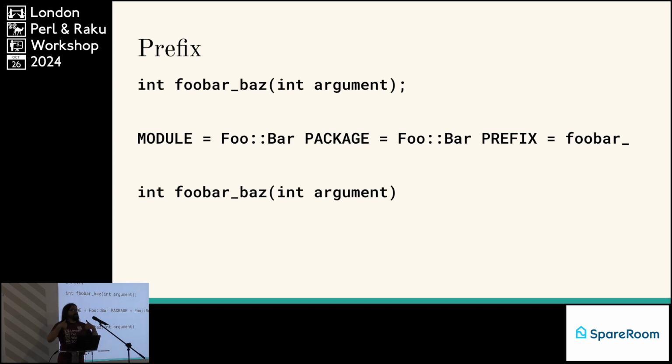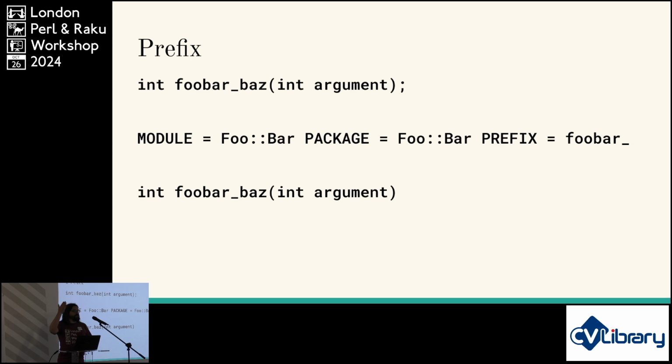Therefore, most libraries will use some sort of prefix for all of their functions. So by saying all functions in this package have this prefix, it will export this foobar_baz function as the function baz in the package foobar. So then you don't have to manually do that translation in a code block.